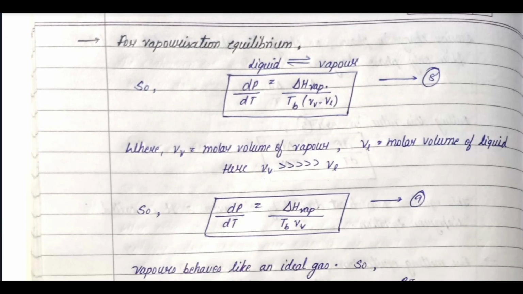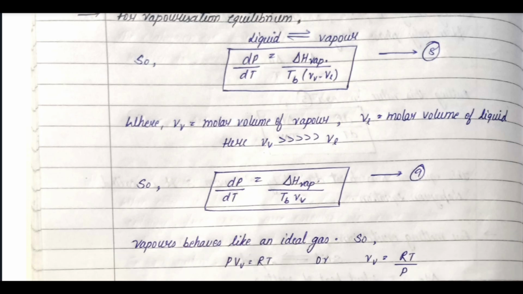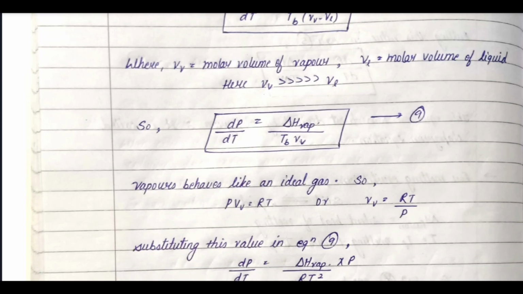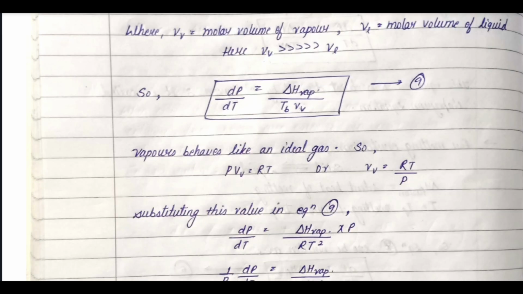For vaporization equilibrium, that is liquid to vapor, dP by dT is equal to delta H vaporization by Tb into (Vv minus Vl), equation 8, where Vv is the molar volume of vapor and Vl is the molar volume of liquid. Here Vv is much greater than V liquid, so dP by dT is equal to delta H vaporization by Tb into Vv, equation 9.